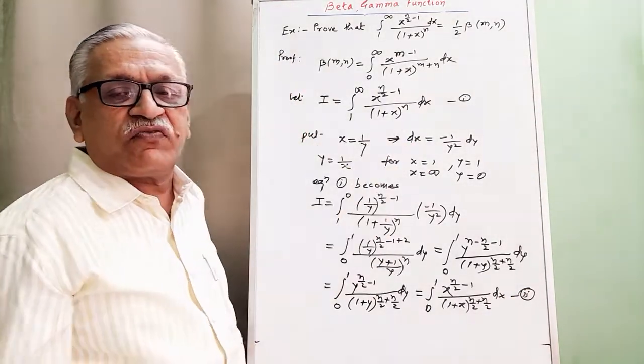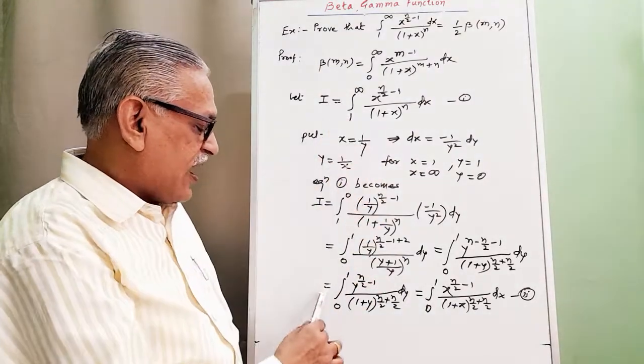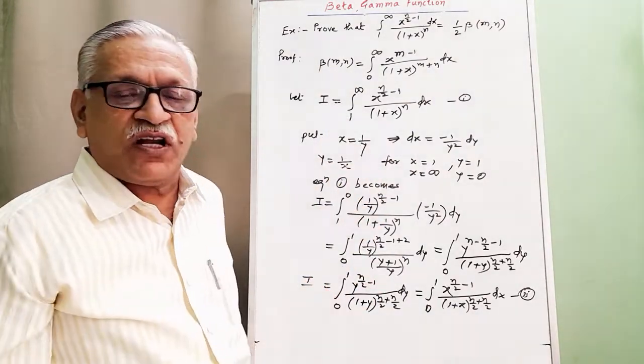Therefore, we have two equations, equation 1 and equation 2, with I on the left hand side.